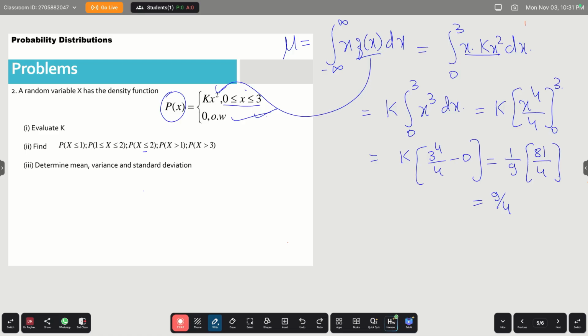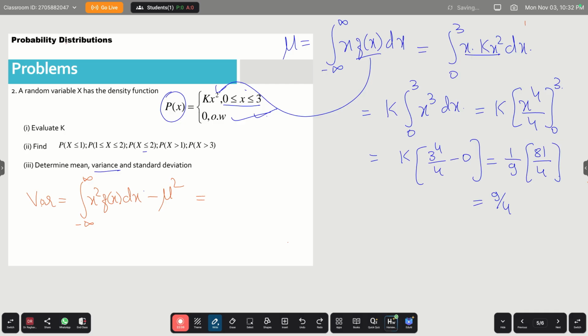Next, let us calculate the variance. So what will be the variance? The variance formula is the integration of x square f of x dx minus the mean square, from minus infinity to plus infinity.